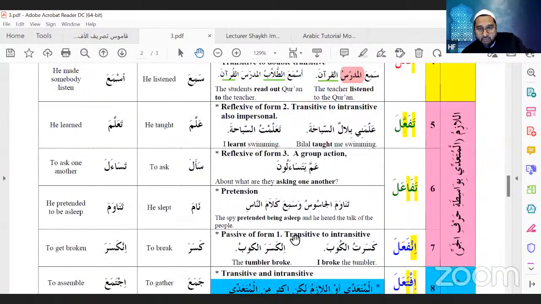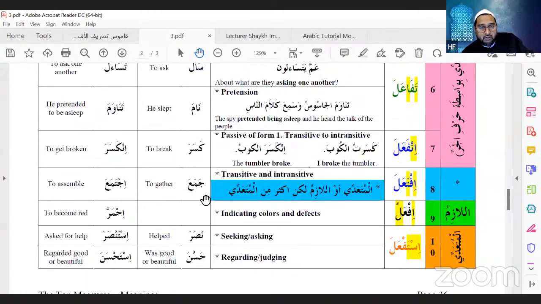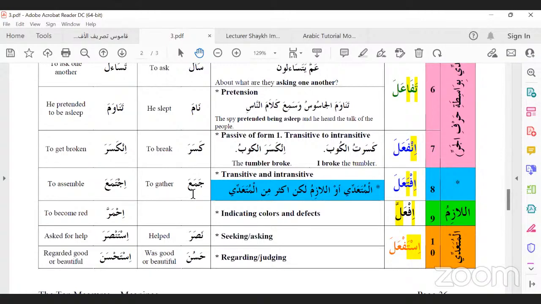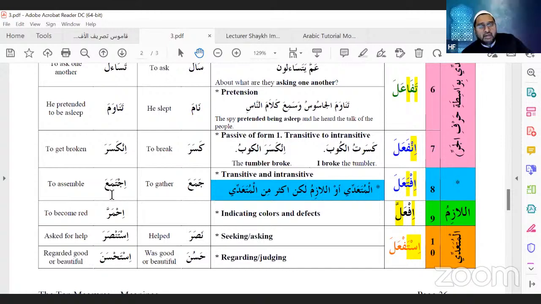Now, if you do the example, jama'a, this will be jama'a. So افتعل. جمع, together. اجتمع, to assemble. So the example for this, I'll write this example in the group. Jama'atul junda, fajtama'a.